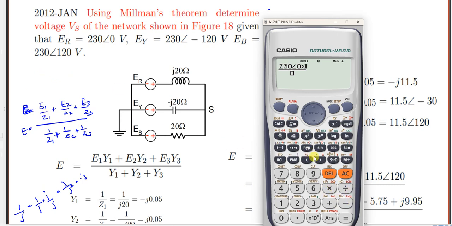Z1 you have to write in brackets. 20j, 20j inverse, plus E2, 230 shift angle.